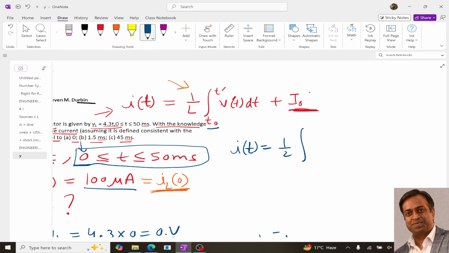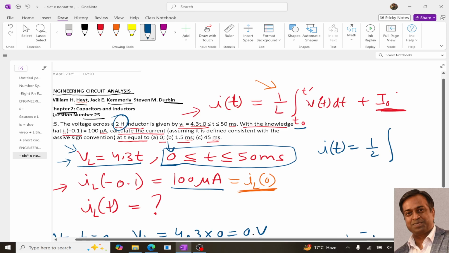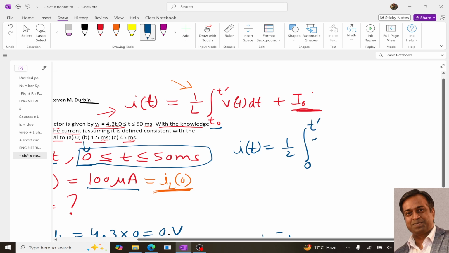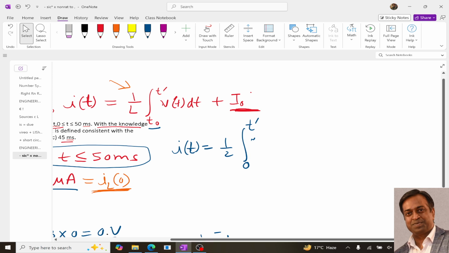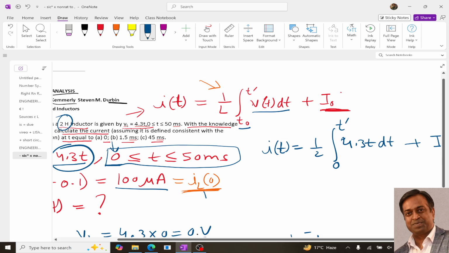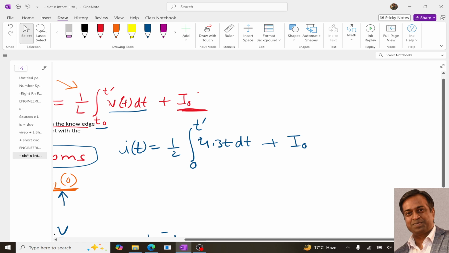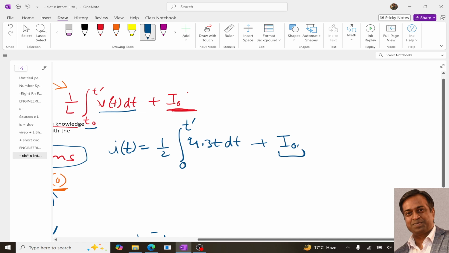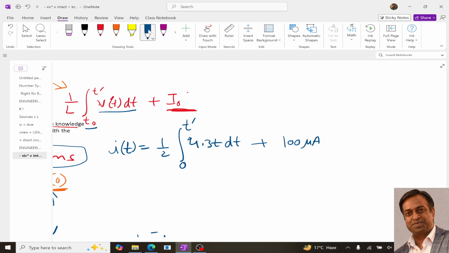Our t naught will be 0 because the voltage range starts from 0, till t dash, of v(t), which is 4.3t, dt. Plus I naught, the current at t equals 0, which we already got as 100 microamperes. So in place of I naught, we put plus 100 microamperes.